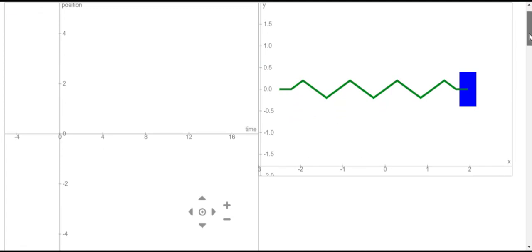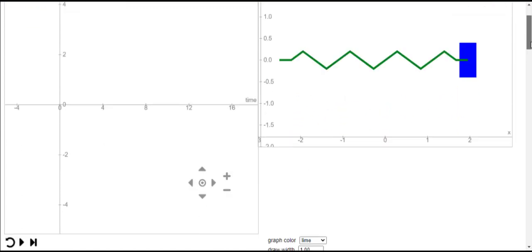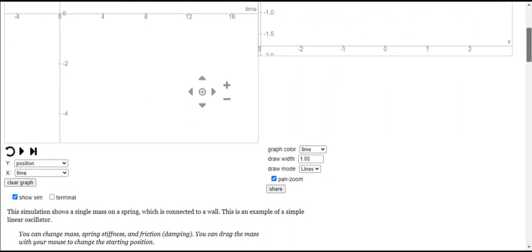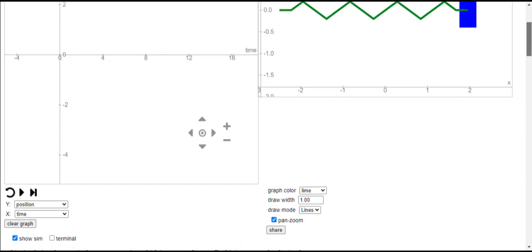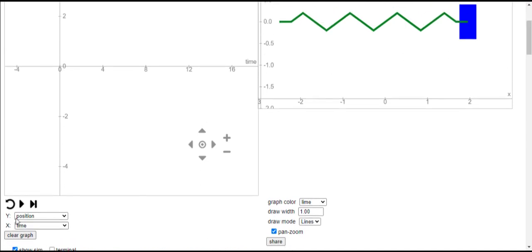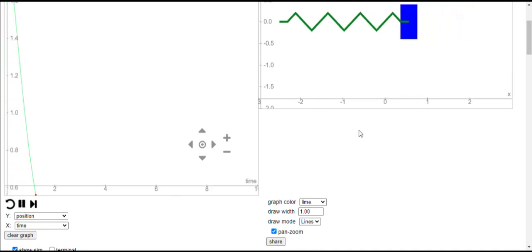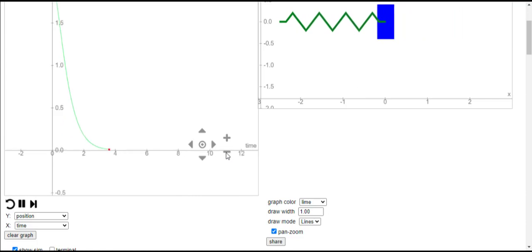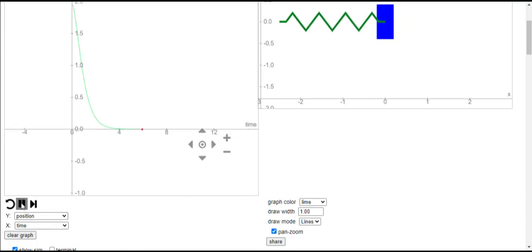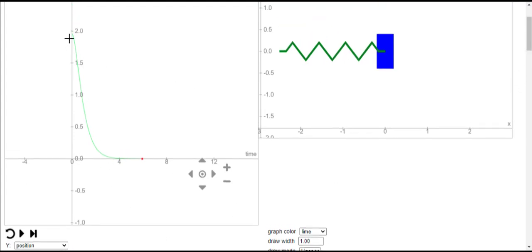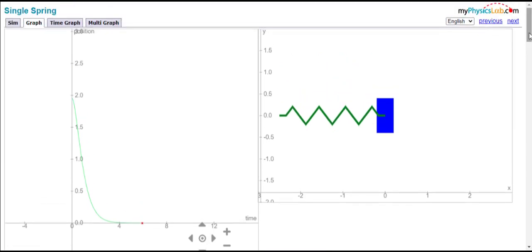The initial position is at x equal to 2. Right, so this is the graph that you can see. There is no oscillation, so you can clearly observe. Initially at x equal to 2, it is gradually coming to 0. So this is the critically damped case.